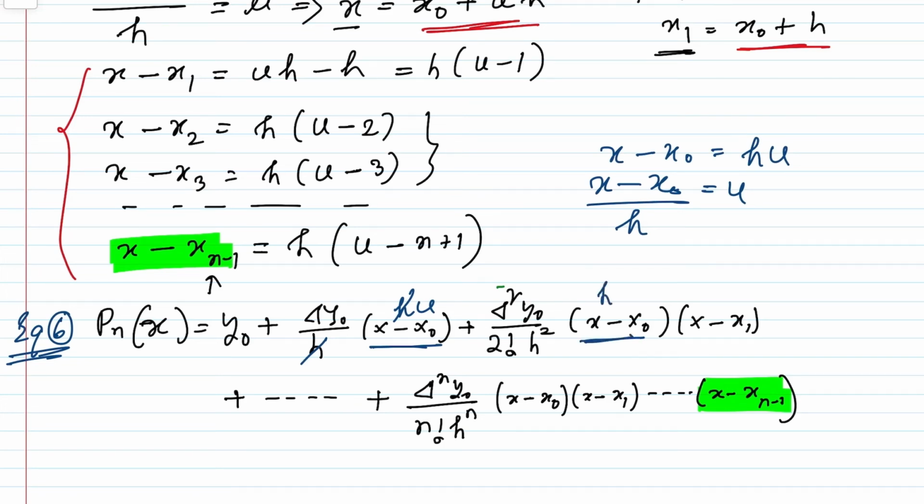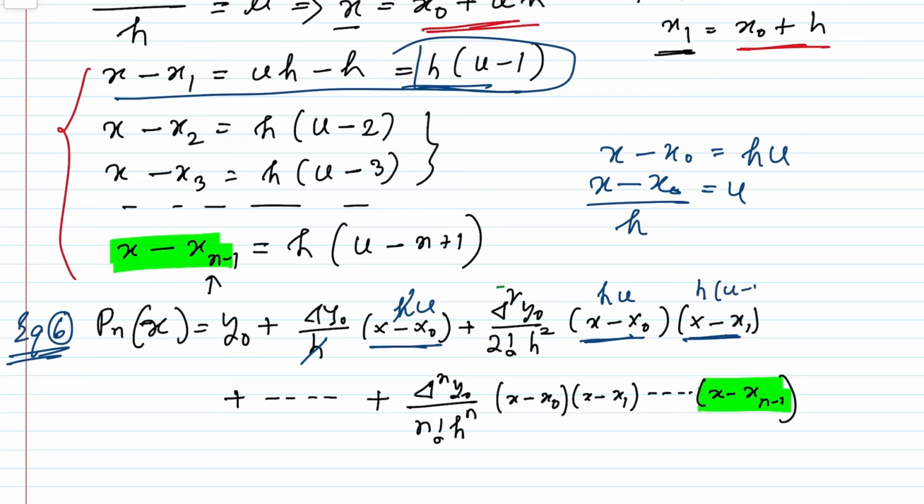Similarly here x minus x naught is h into u, and x minus x1 is h into u minus 1. So this h square will be cancelled with this h and this h.